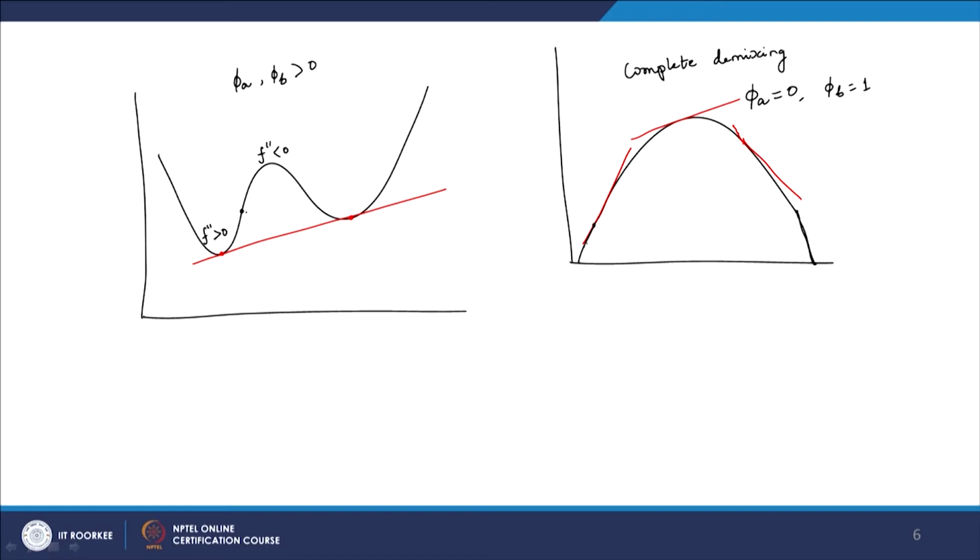So, there must be a point in between that should be an inflection point at which f double prime is equal to 0. Similarly, we may have an inflection point here, f double prime equal to 0, because again f double prime is becoming higher than 0.